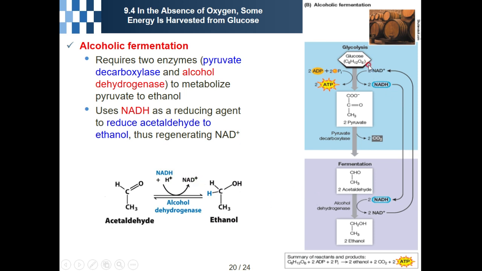Okay, so during glycolysis, we produced 2 ATP and 2 NADH, but these 2 NADH are used.